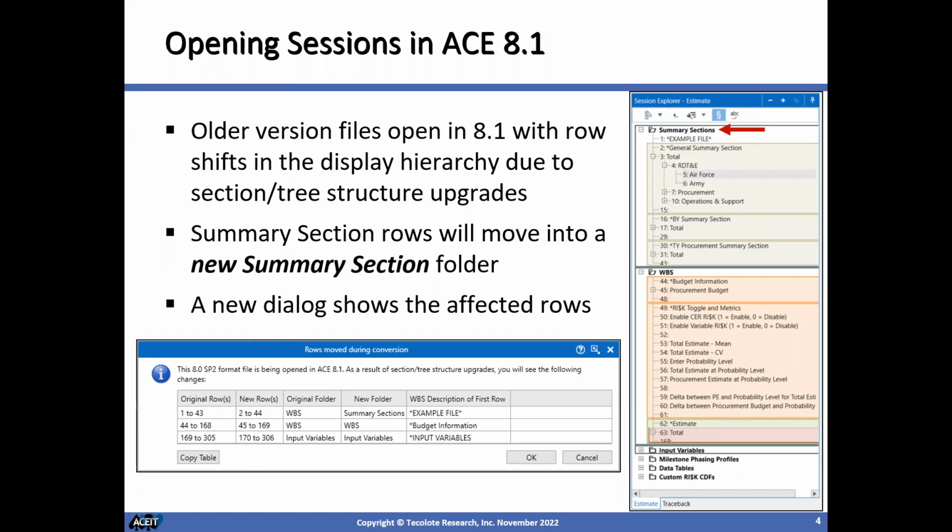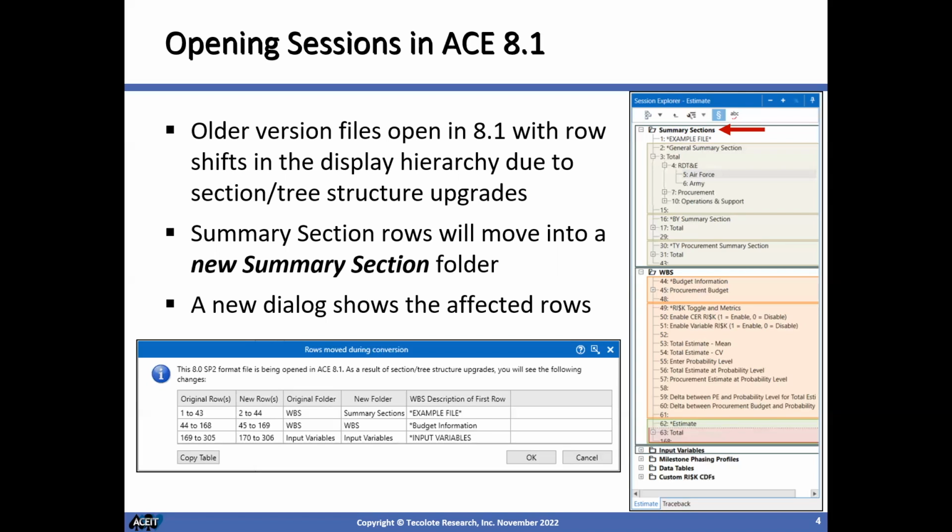The reason those rows may shift is because we have changed the way that we are handling summary sections, which have a specific connotation of using the results summary column for information. Those are the detail information about what a summary section really is and how you denote that in ACE.